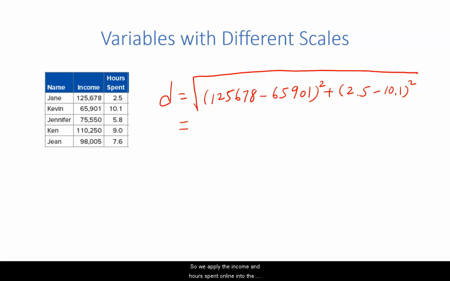So we apply the income and hours spent online for Jane and Kevin into our formula for Euclidean distance.